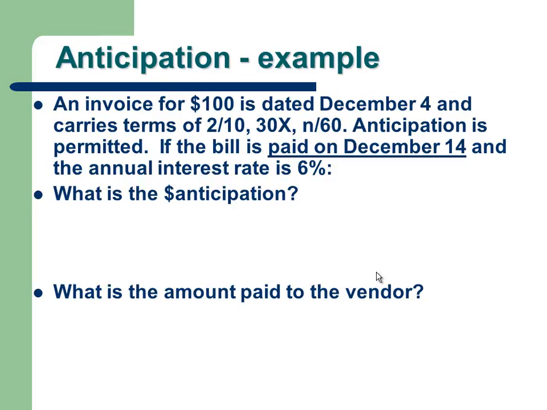What's remaining is 40 minus 10, so you still have 30 days left. That 30 is the number of days anticipation, the number of days remaining between the actual payment day, December 14th, and the last cash discount day, which would have been 30 days after December 14th. So remember that to calculate the dollar anticipation.